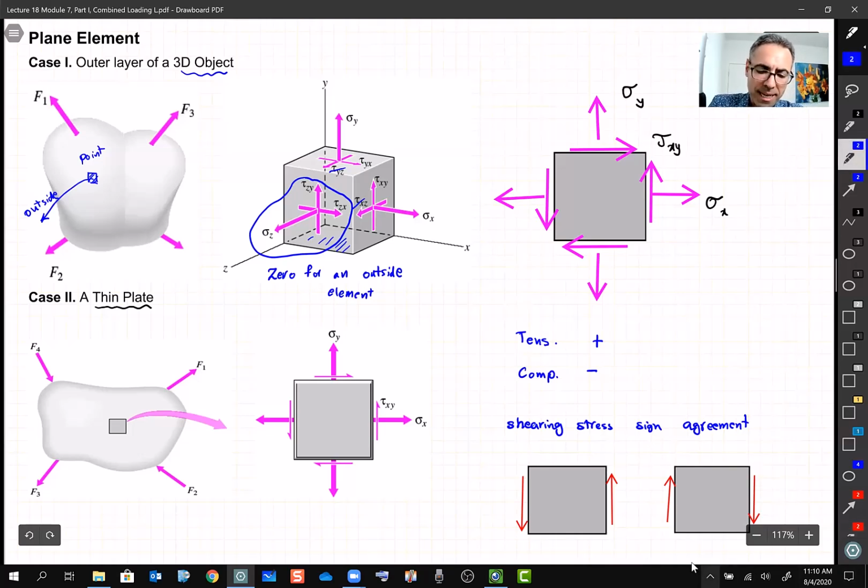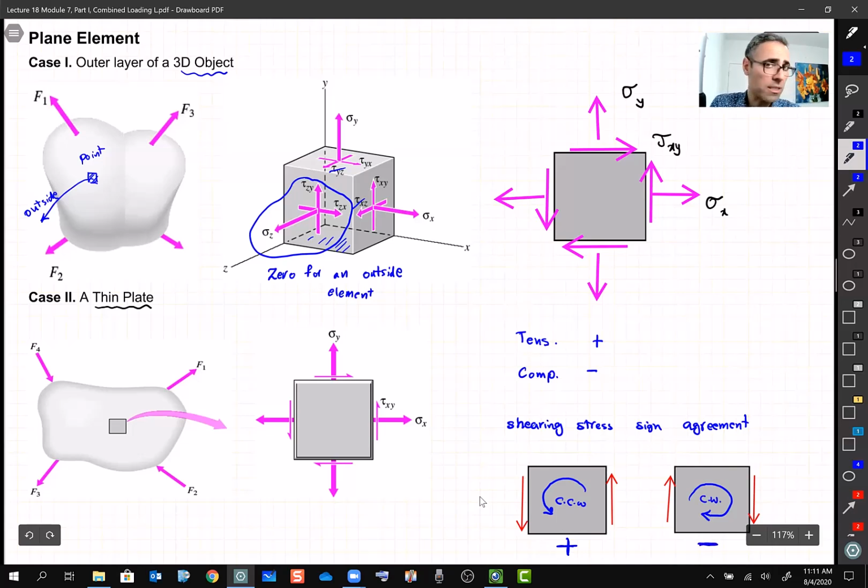If we look at an element and these two stresses, we treat them more like a couple, and if they try to rotate the element counterclockwise, like a wheel, we consider it positive. And if they try to rotate the element clockwise, we consider it negative.